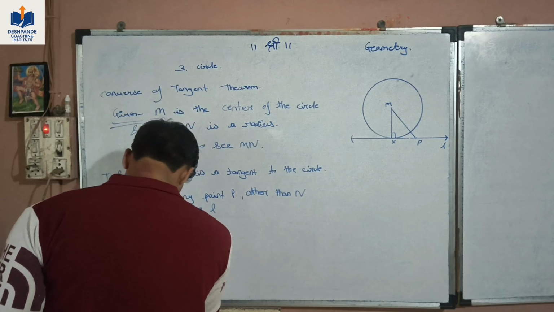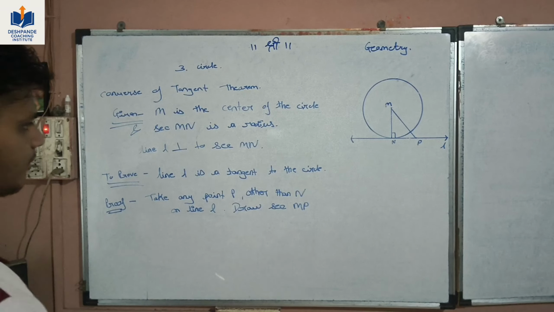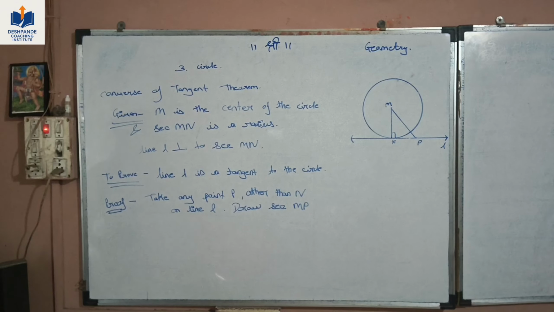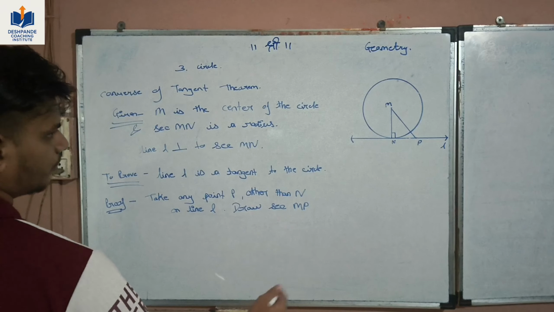So this is the point which we have taken, I mean the construction. Now the main part of the theorem comes, which we have to prove. Now which triangle will come?